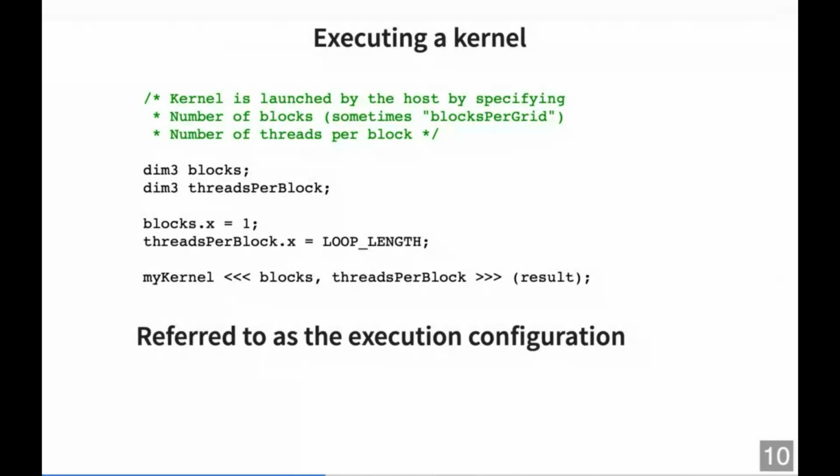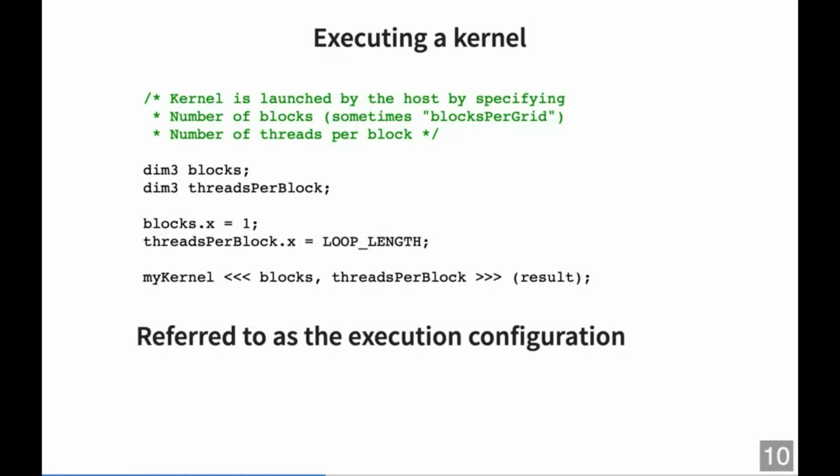And then there's this special triple left angle bracket, triple right angle bracket notation in CUDA, which indicates that this myKernel function is going to be launched onto the device.